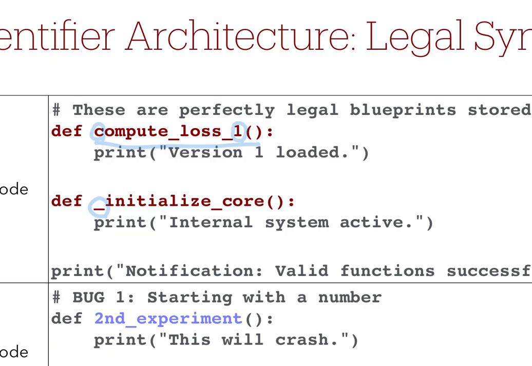That is allowed, but usually a function name starting with underscore is used for some system. So unless you are a system administrator, usually the name of the function will start with some alphabet, but you can start with underscore. That is allowed.